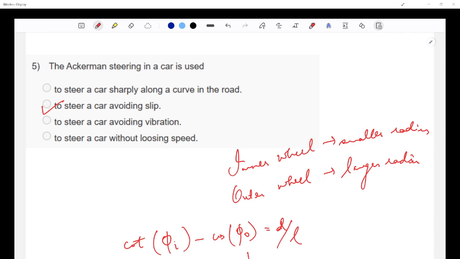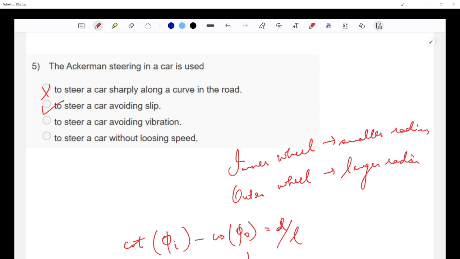The other option that we have is to steer a car sharply along a curve on the road. This is false because turning sharpness depends on steering angle magnitude and geometry. Ackermann does not make turning sharper. It only ensures correct geometry, which is no slip. Okay. The third option is to steer a car avoiding vibration.